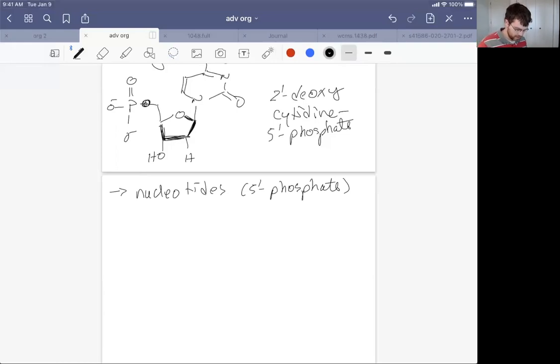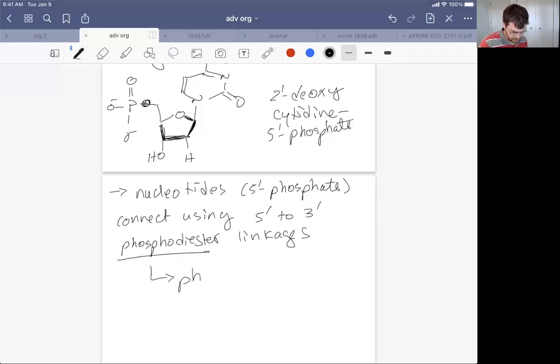So we have the nucleotides connect using 5' to 3' phosphodiester linkages.